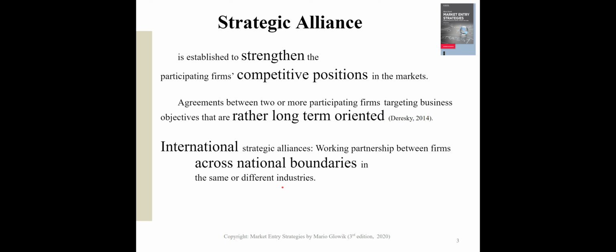One prominent example of an international strategic alliance is the Star Alliance in the aviation industry, where Lufthansa, Air Canada, United, Scandinavian Airlines, and other airlines have joined their distribution channels.